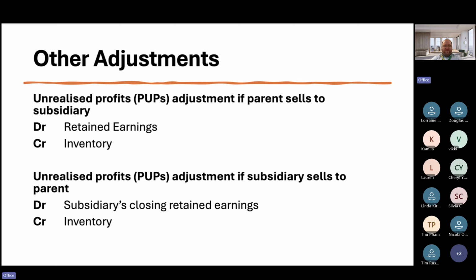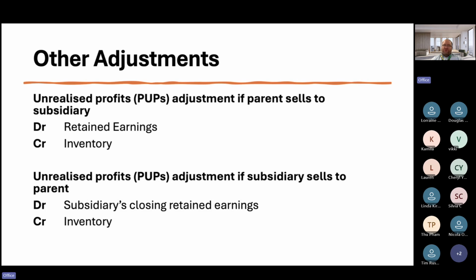Now they're two different things because the top one, if the parent sells to the subsidiary, affects retained earnings of the parent. They're fairly straightforward to understand. If the second thing occurs, the subsidiary sells to the parent, it affects the subsidiary's closing retained earnings.